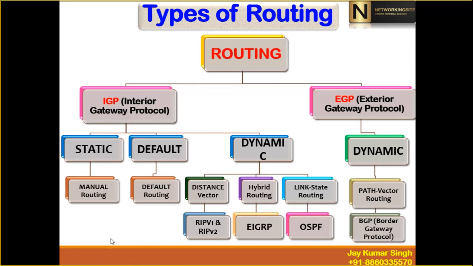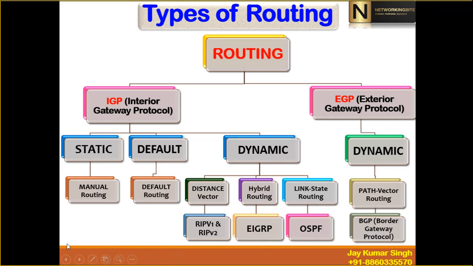Interior means the protocol which is working inside the organization, and exterior means the protocol which helps you to communicate with the routing protocols of different organizations. The interior gateway protocols have three types: static, default, and dynamic. Static is a manual routing where you have to configure everything manually.